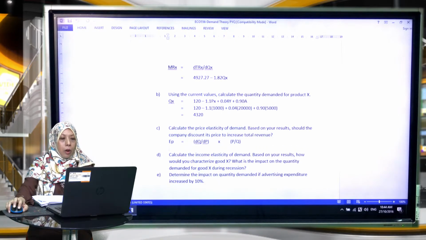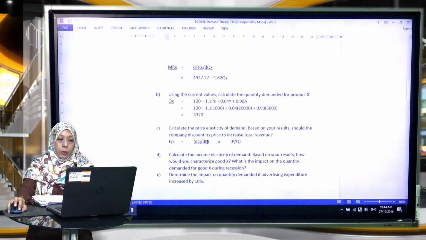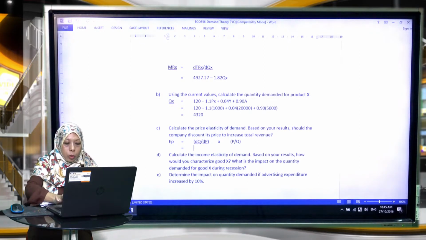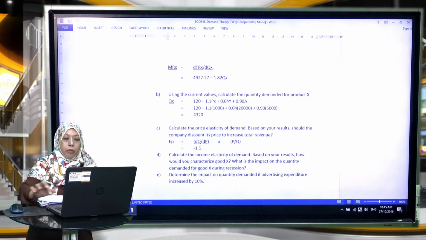Now, what would be the derivative of your Q function with respect to price? If you differentiate Qx with respect to price of X, you need to assume all the other variables as constant. So this will give you a coefficient equal to negative 1.1.